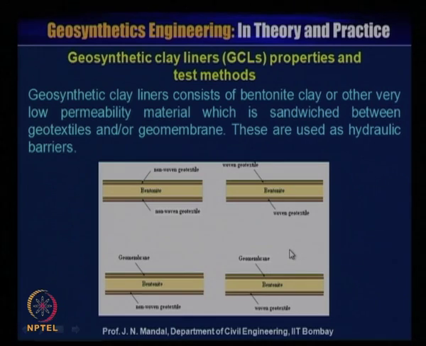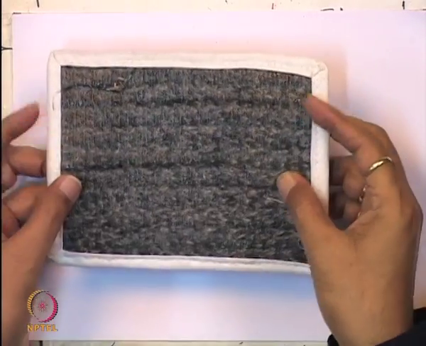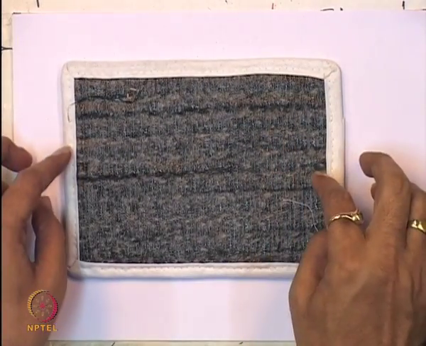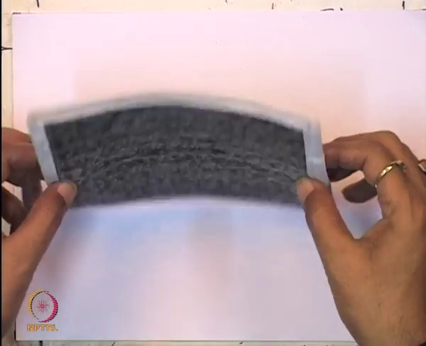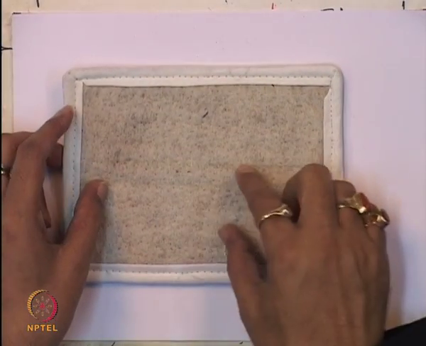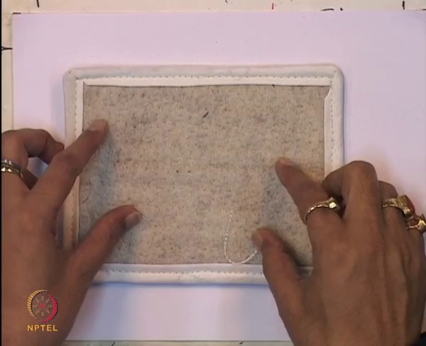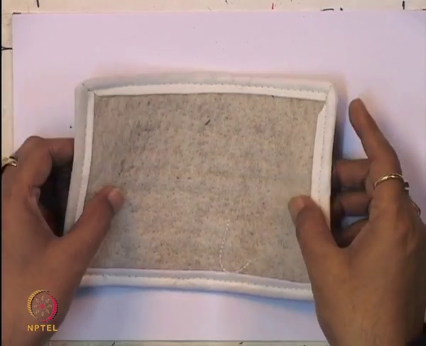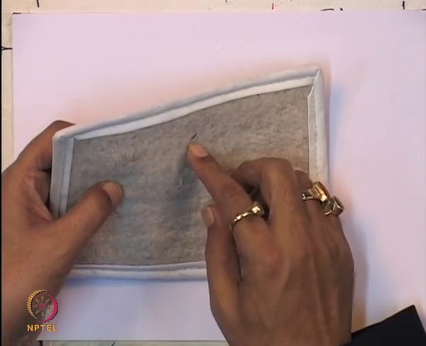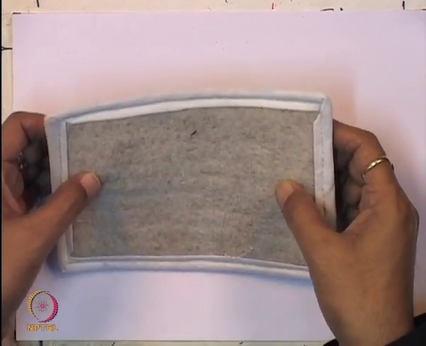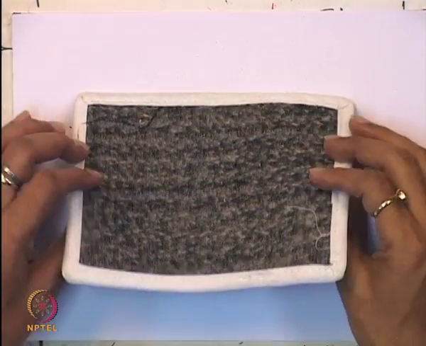So, you can see one sample like this, where here is the woven geotextile material, sandwiched by non-woven geotextile material, and the bentonite is inside between the woven, non-woven and woven geotextile material.